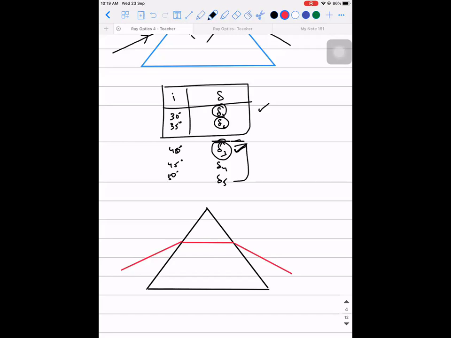It is parallel to what? It is exactly parallel to the base. So when you keep repeating the experiment and draw the ray diagram under all scenarios, there will be exactly one particular scenario where the refracted ray inside is exactly parallel to the base, and at that time, if you calculate the angle of deviation, that will be the least deviation, which is given by the value delta min.